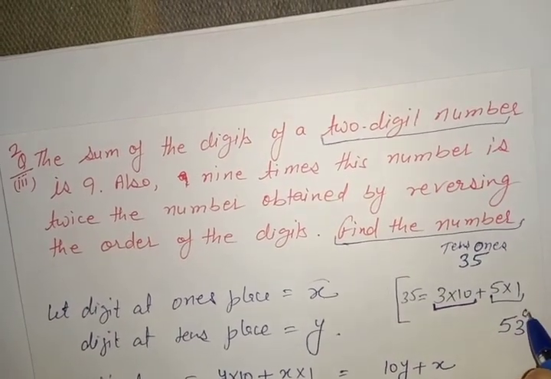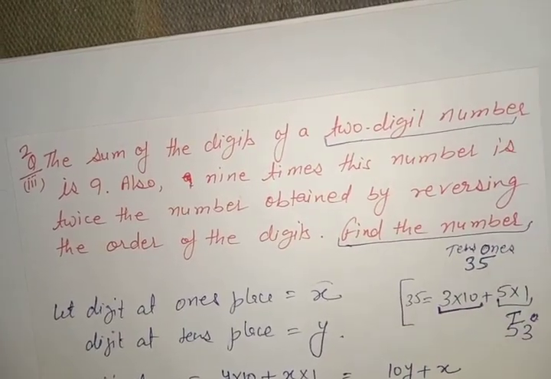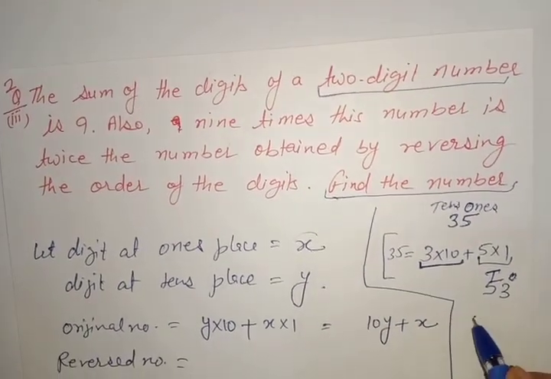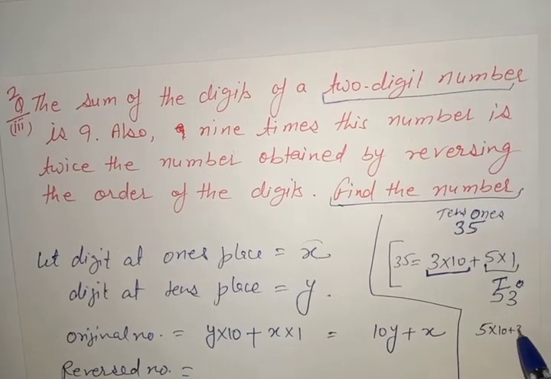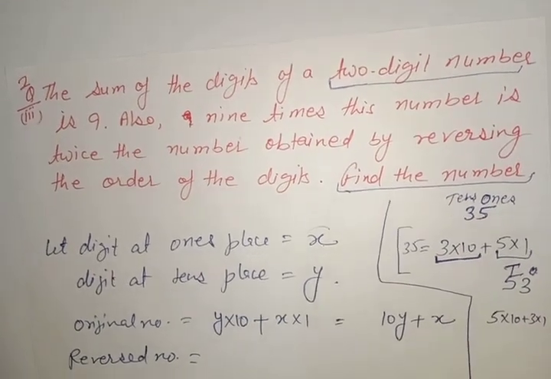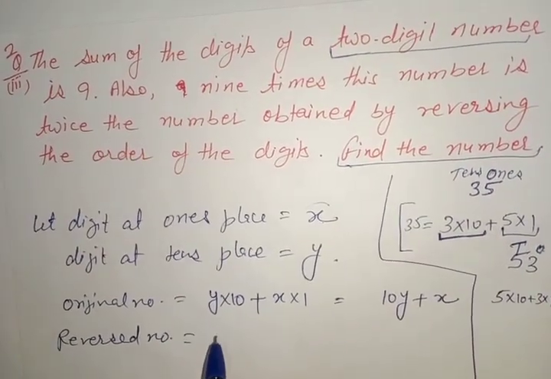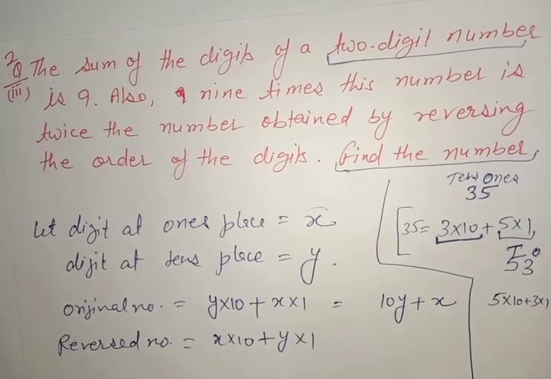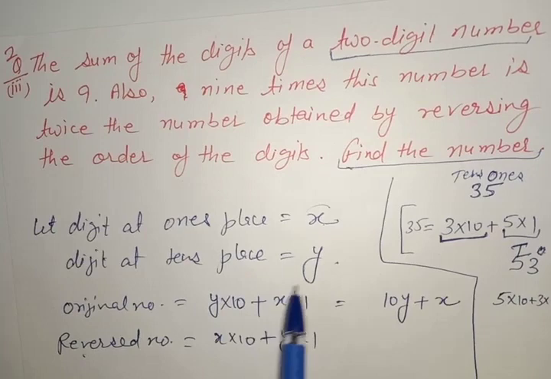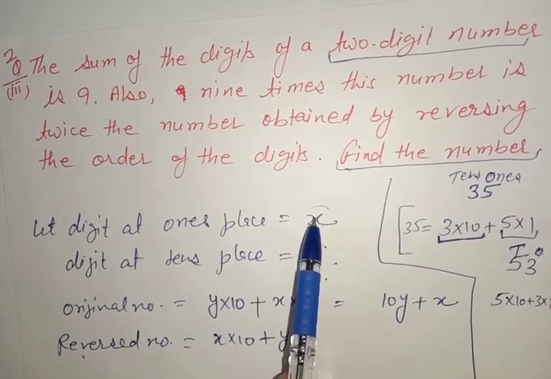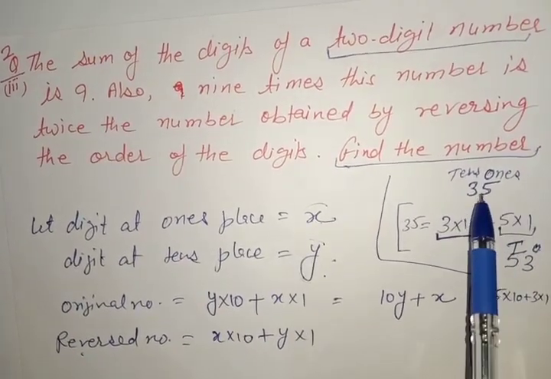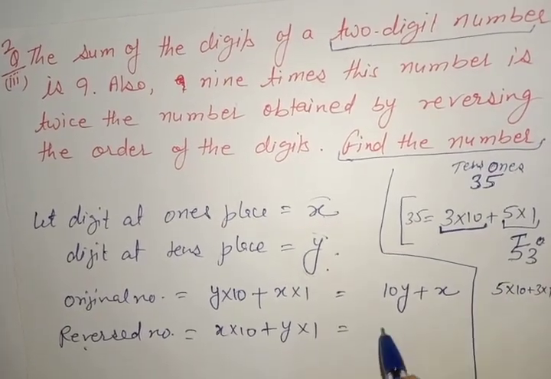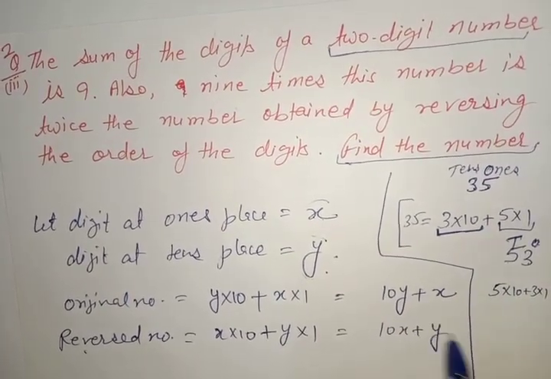Now 3 is at ones place and 5 is at tens place. So the expanded form of this is 5 into 10 plus 3 into 1. Similarly in x and y we can write x into 10 plus y into 1. Reversed means this is now ones place and this is tens place, just like 35 will become 53. So this number is 10x plus y.